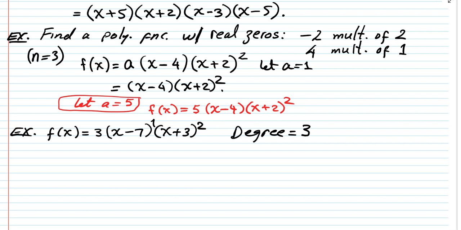Okay, and what are the zeros of this? In factored form, it's really easy to identify them, right? So the zeros are 7 and negative 3. Remember, x minus h. So at positive 3 is x minus 3, and here the zero is -3.